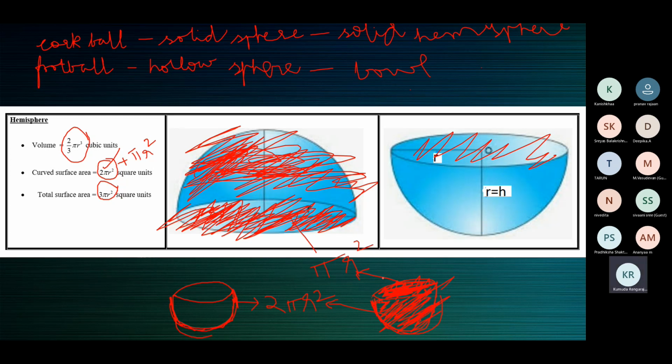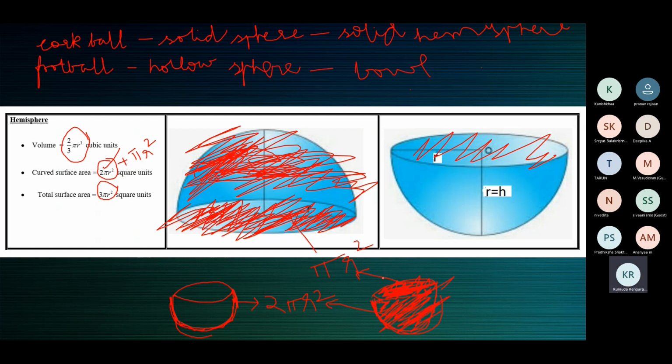So you should have got the difference between a solid sphere, for example a cork ball or a laddu, and a hollow sphere, which is empty inside. There's no material inside. It's filled with air, for example a football. Half of a solid sphere, half of a cork ball, is a solid hemisphere.